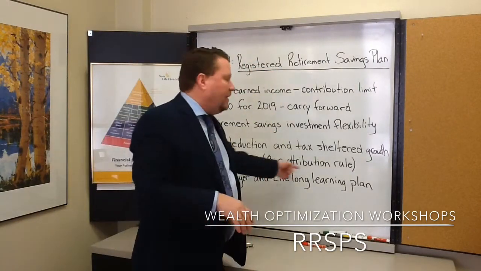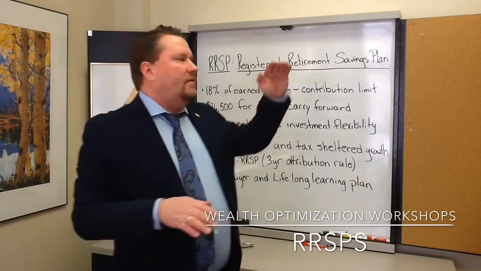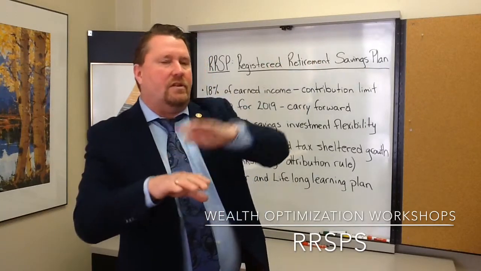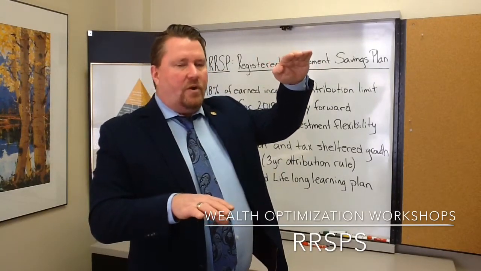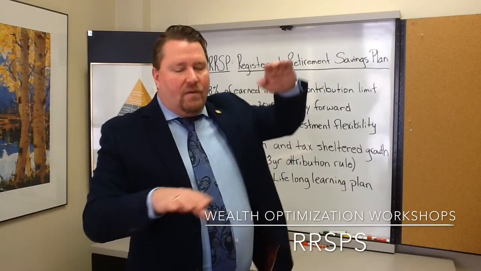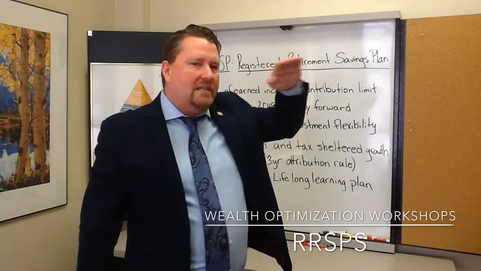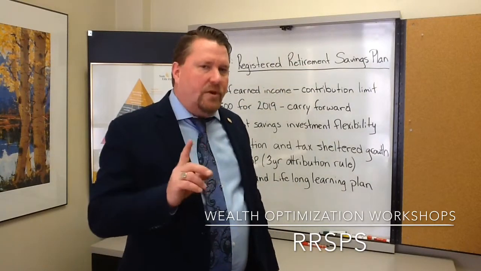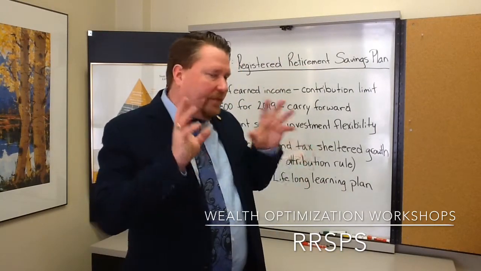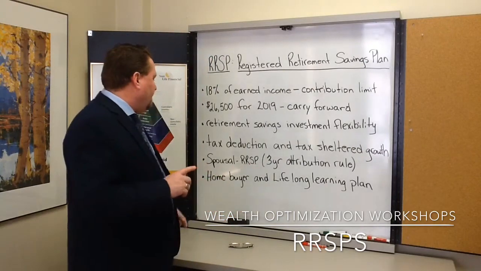Therefore, there is a 3-year attribution rule: if the contributing spouse invests money in a spousal RRSP and the other spouse then withdraws the money in the first 3 years, it will not be taxed to the withdrawing spouse. It will be attributed back to the contributor for tax avoidance rules. So hopefully didn't confuse you too much there, but keep that in mind.